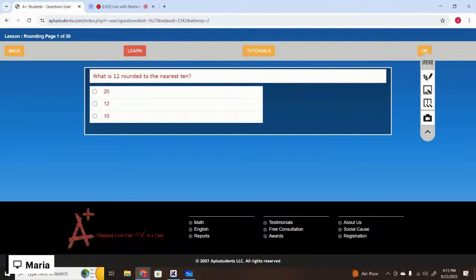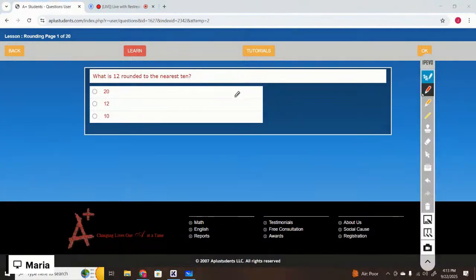What is 12 rounded to the nearest 10? So the basic concept is every number is between two tens. Like 12 is between 10 and 20. So 12 is close to 10, right? Or you can say 12 is less than the middle of these two numbers.